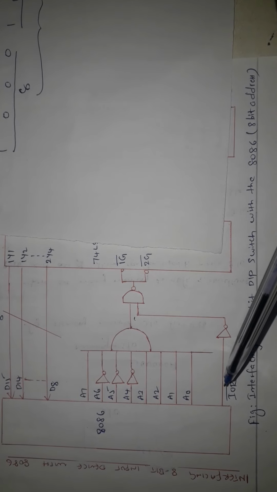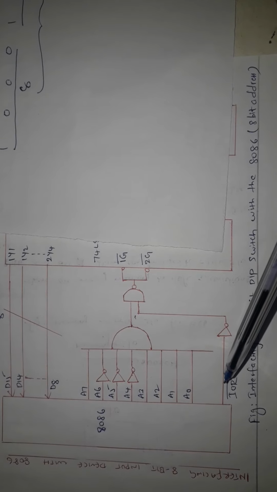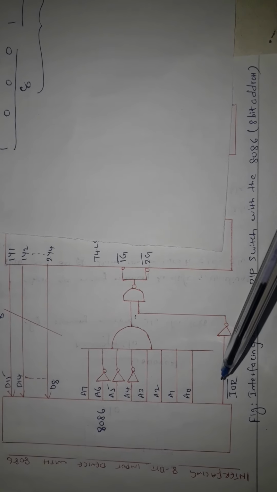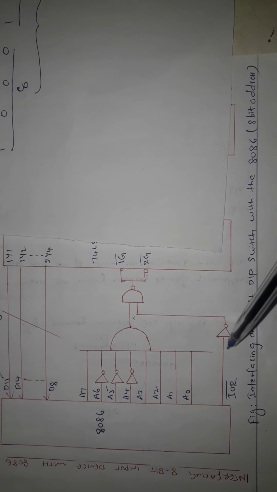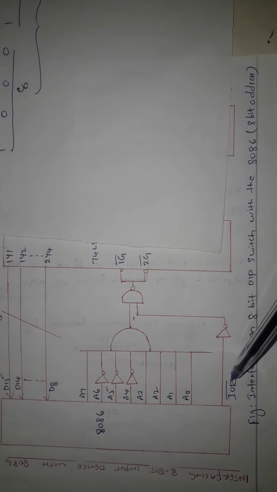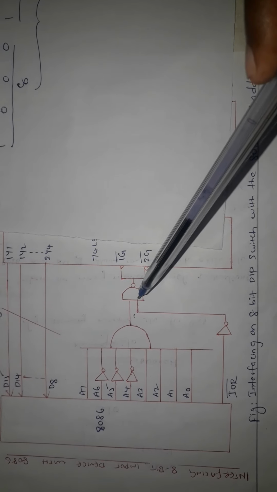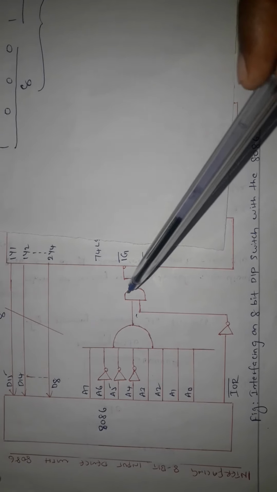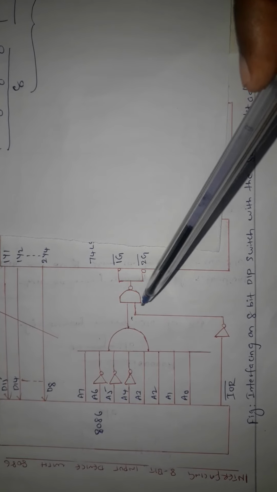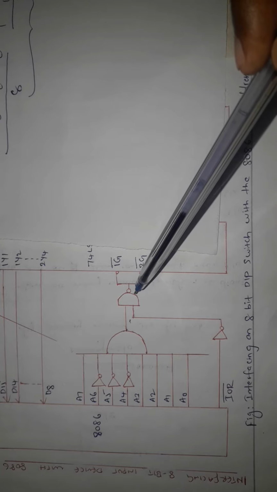Whenever 0 is sent on this pin, it allows us to read data from the I/O devices. That pin is also connected to an inverter, a NOT gate. So whenever 0 is received on this pin, it goes through the inverter and gives 1 at the input of the NAND gate. So both inputs of the NAND gate will be 1. When both inputs of the NAND gate are 1, the output of the NAND gate will be 0.